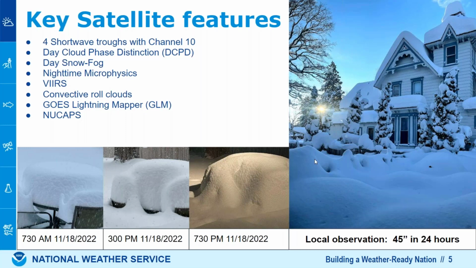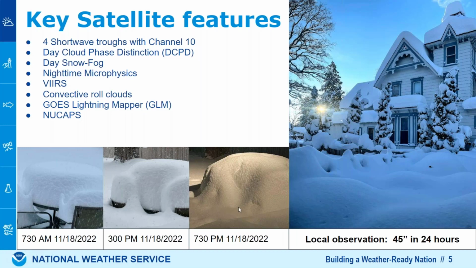We'll look at some nighttime physics RGBs. We'll look at some VIIRS imagery, particularly interested in looking at the convective roll clouds that you can see from all of the above. And a few different loops with some of the Geostationary Lightning Mapper, or GOES Lightning Mapper, and then one image of some new CAPS data.